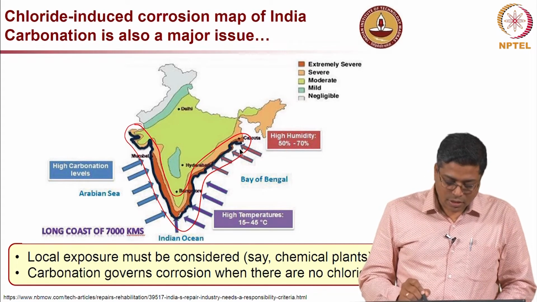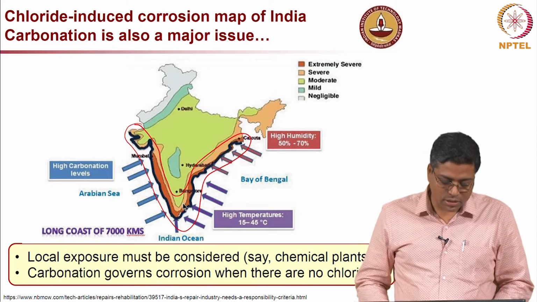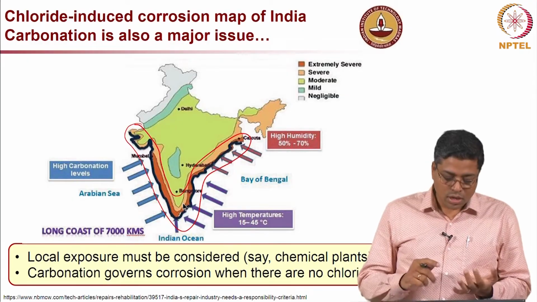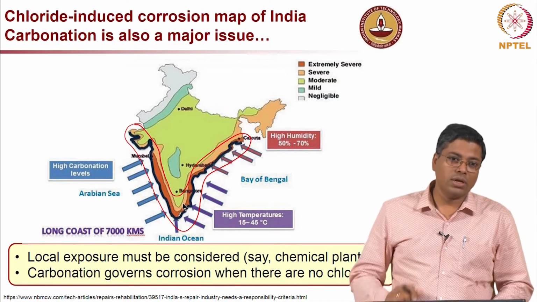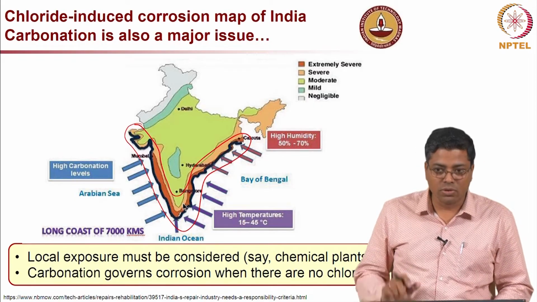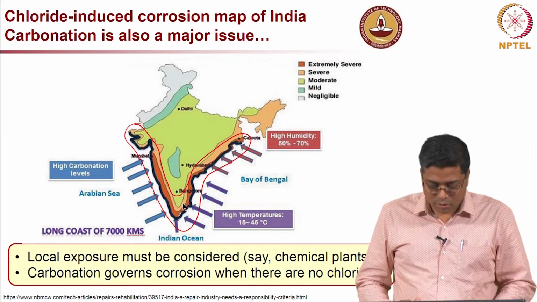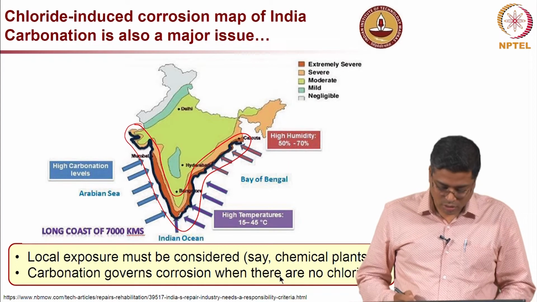If we have concrete structures along this region, those structures will be exposed to airborne chlorides, and the soil will also be rich in chlorides. So the foundation also may experience severe corrosion.